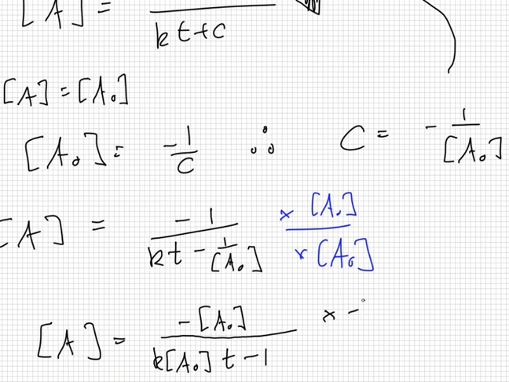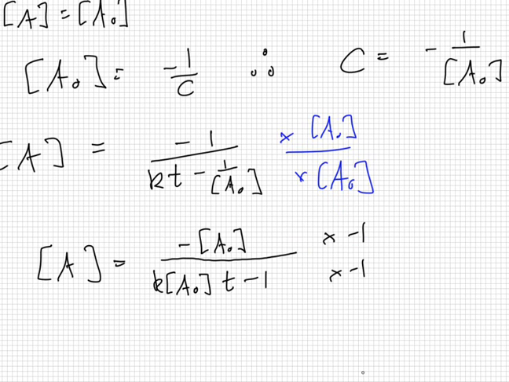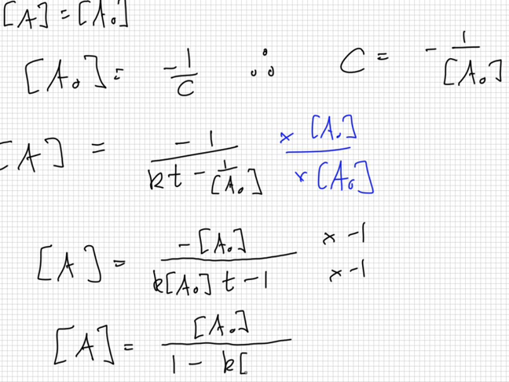And then to finish, I'll multiply the top and bottom by -1. So I get concentration equals concentration at the start over 1 minus K times concentration at the start times T.